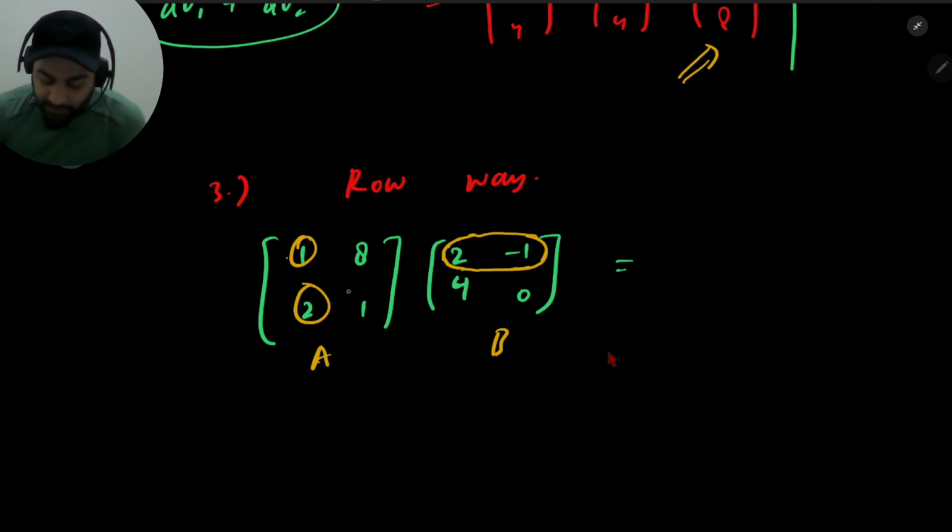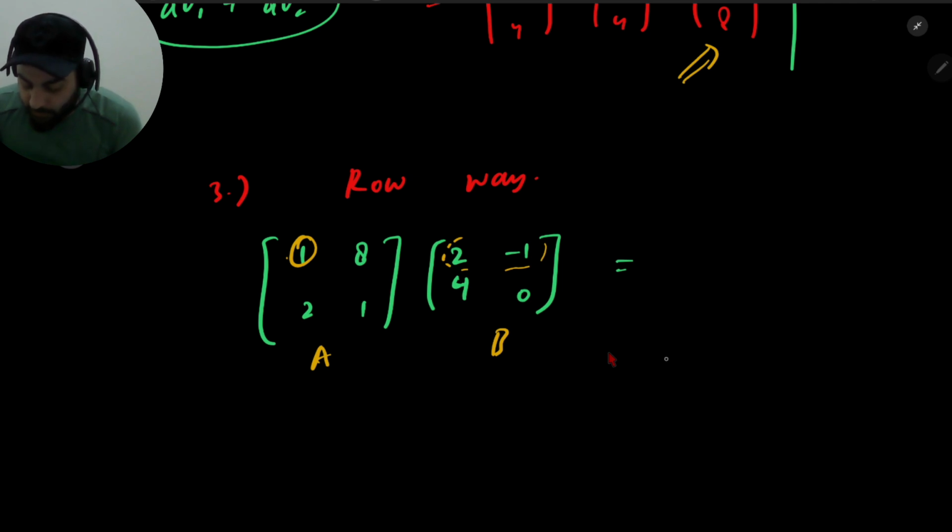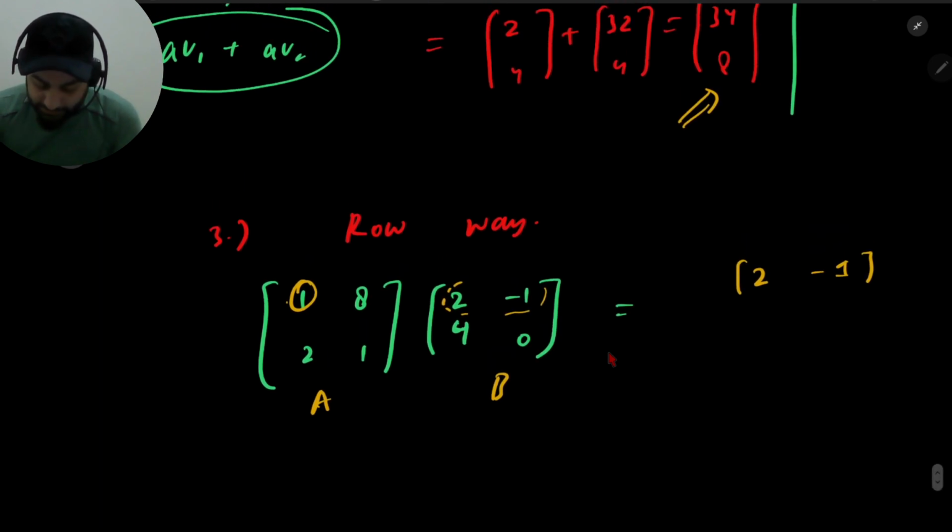For example, how we perform the dot product: I'll take the rows. I'll just take the first row, 2 minus 1 is like this. Let's suppose we multiply this whole vector by this one, we'll multiply the whole of this with 1.